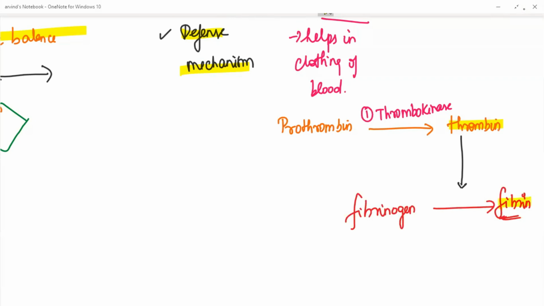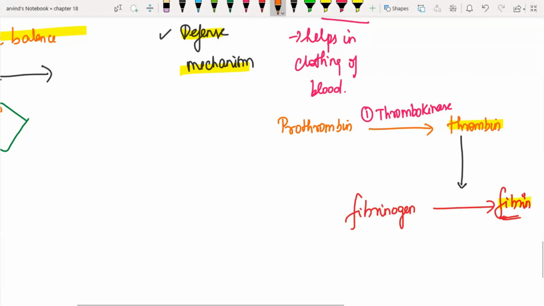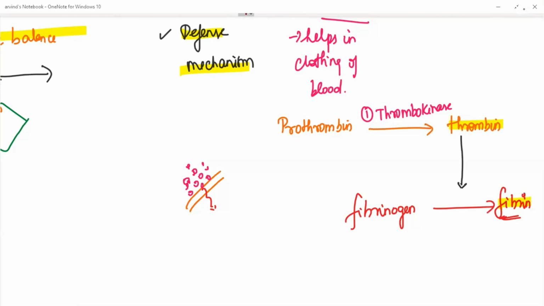So say suppose this is my site of injury and you have blood leak from this site. What will happen is you will have lots of platelets that are going to come around like this. Okay, so there are a group of platelets that just come around. And all these platelets have to be tied like a big knot.